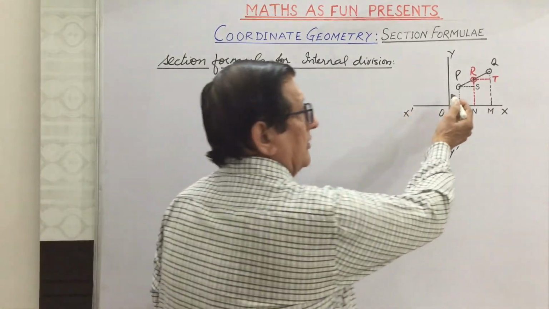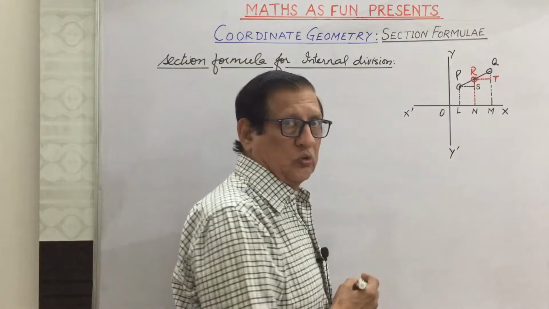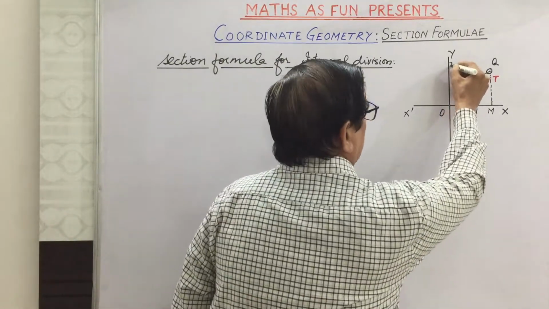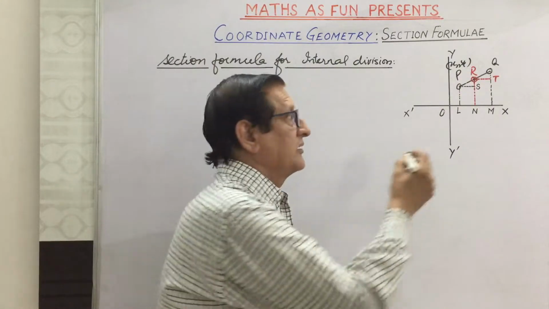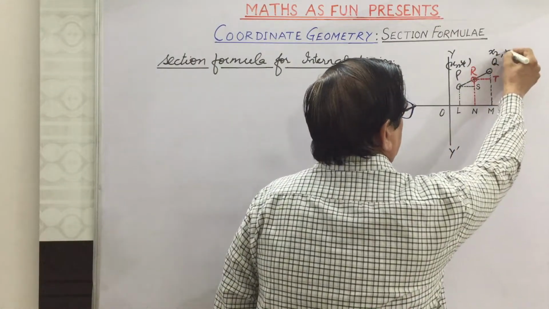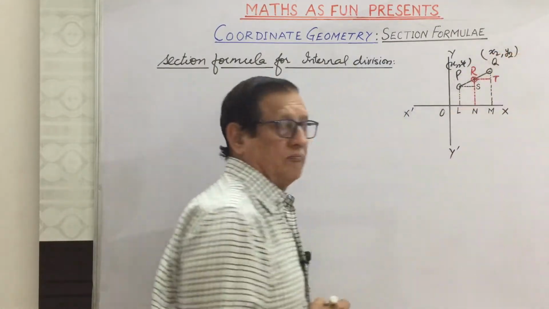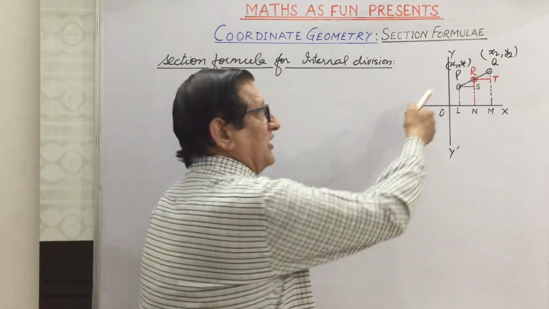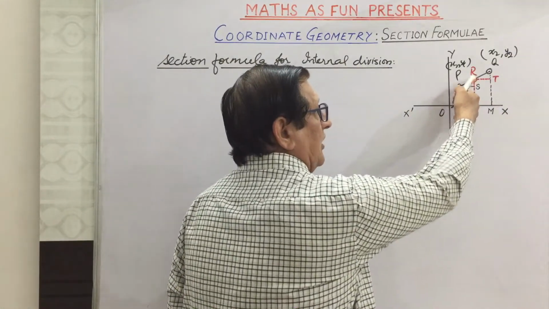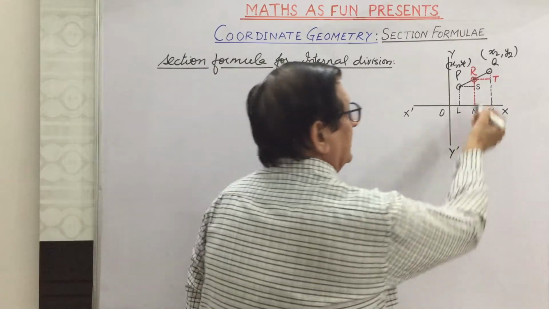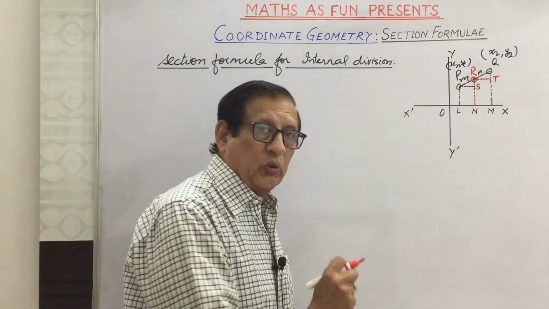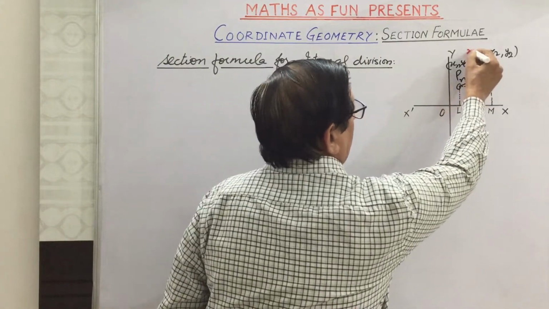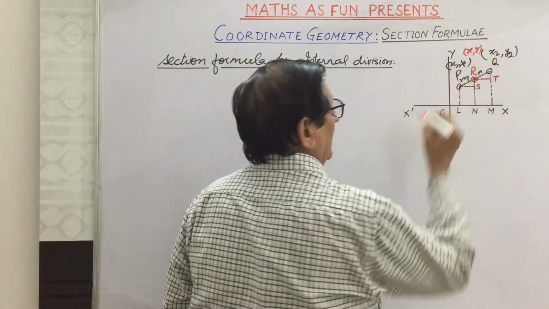We take any two points P and Q. The coordinates of P are suppose x1, y1 and that of Q are x2, y2. And the point of division, that is R, dividing this in the ratio of m:n. Suppose the coordinates of R are x, y.